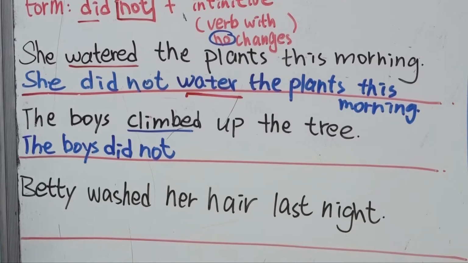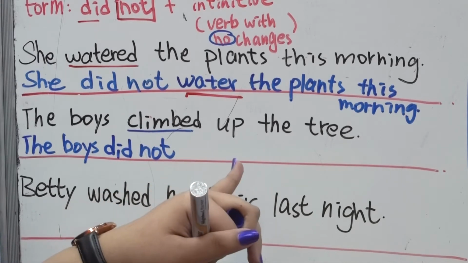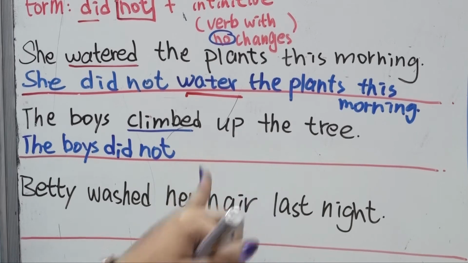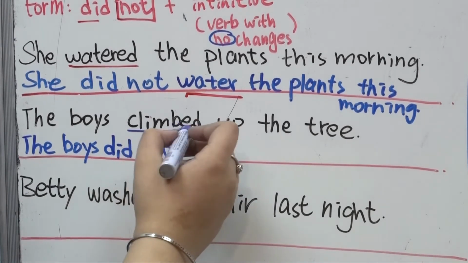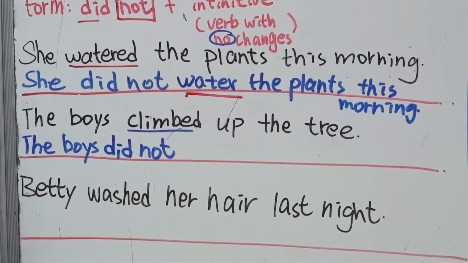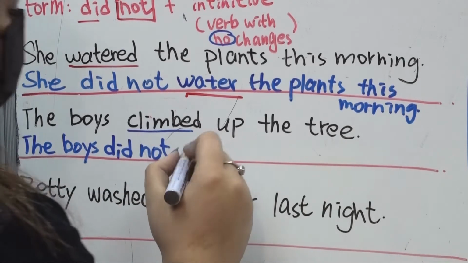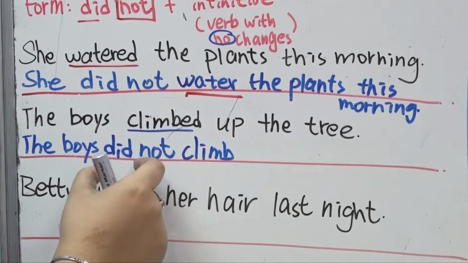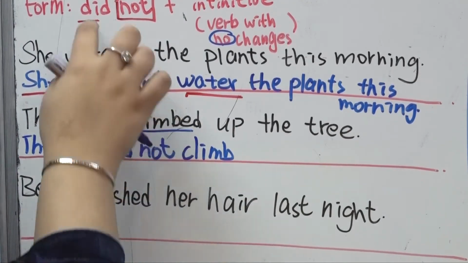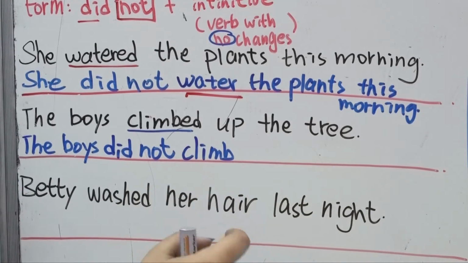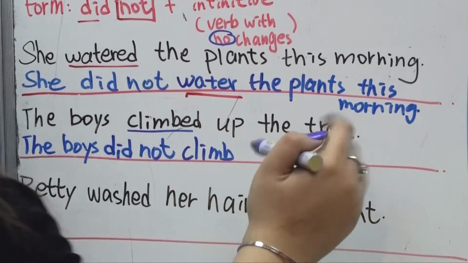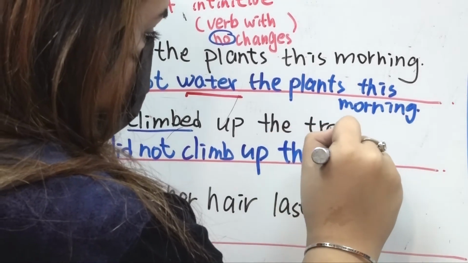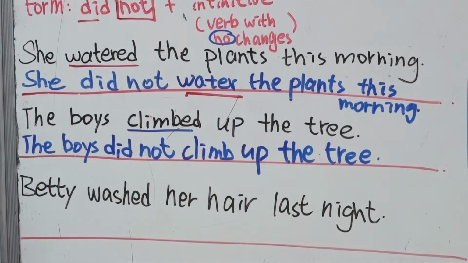We have to cross out the ed. We cross out the ed, right? To make it infinitive. Climbed becomes climb, right? The boys did not, infinitive, climb up the tree, as always. Correct?